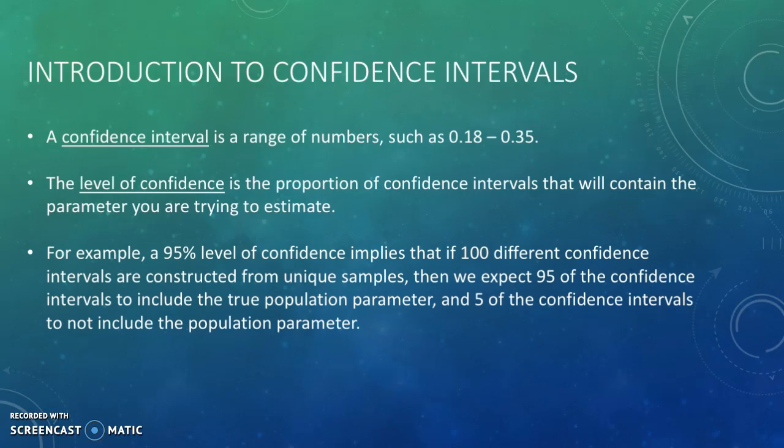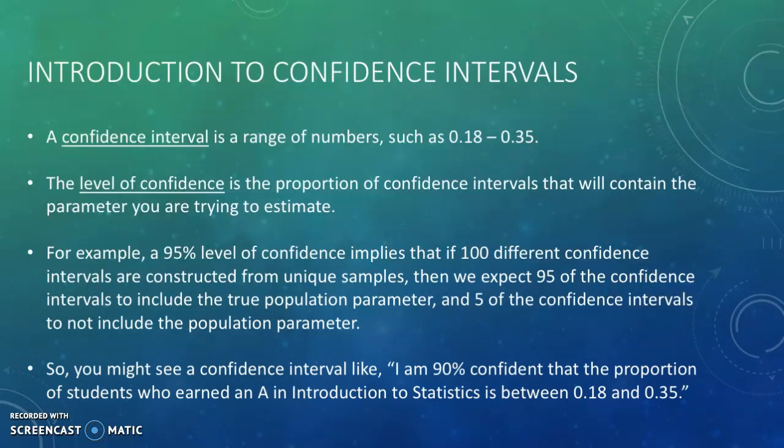For example, if I want to make a 95% confidence interval, that 95% level of confidence implies that if I take 100 different samples and construct confidence intervals for each one, 95 of my confidence intervals would have the actual population proportion within the interval, and 5 of them would not. So 95% of the time, I'm right about my estimate for the population parameter.